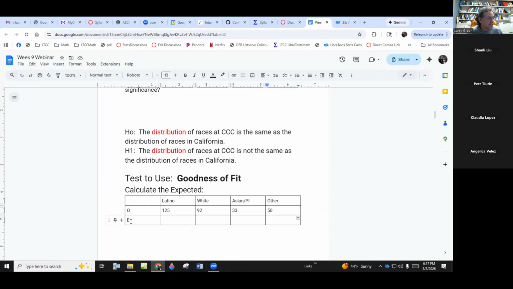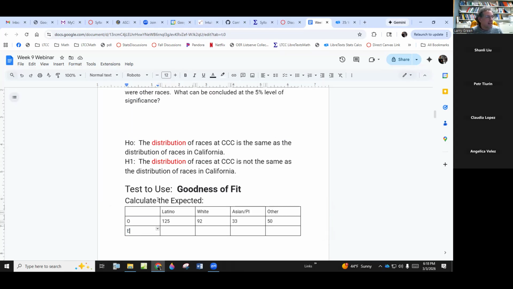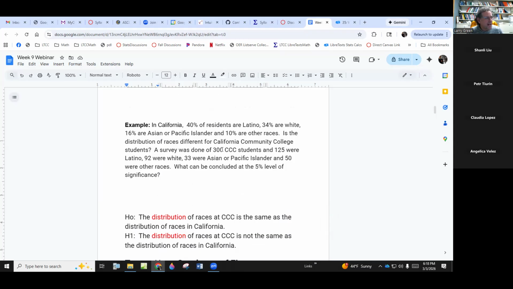Any guess on what E stands for? The first letter of something important. Close, but just one word. Expected. Yeah, so it's the expected. Okay, so E stands for the expected. And the idea, if we surveyed, which in this question, they surveyed 300 California community college students.